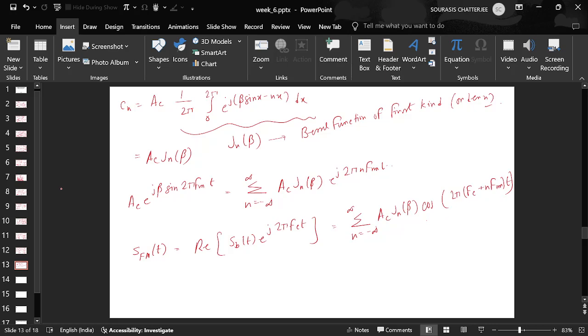right? And what is the spectra of this term here? This corresponds to half a spectra at f minus fc minus n fm, plus half at f plus fc plus n fm, where n is equal to minus infinity to infinity.